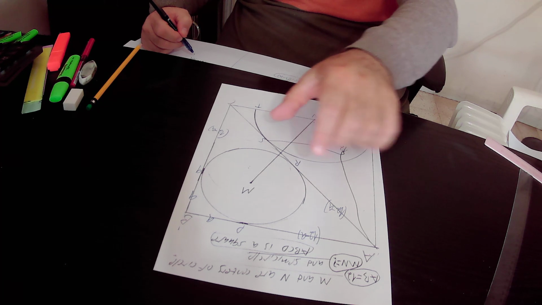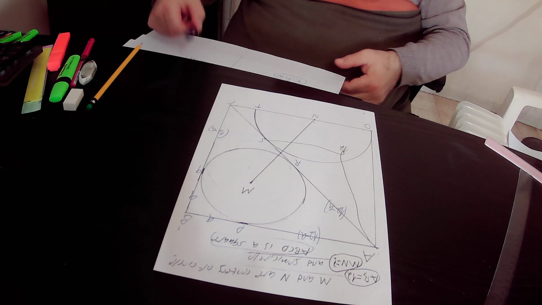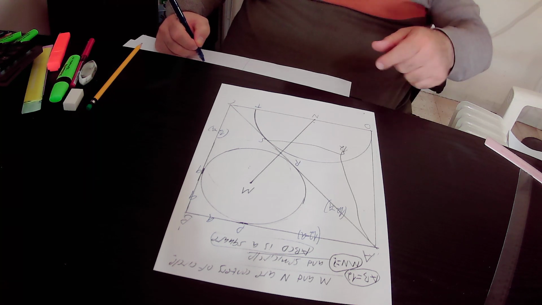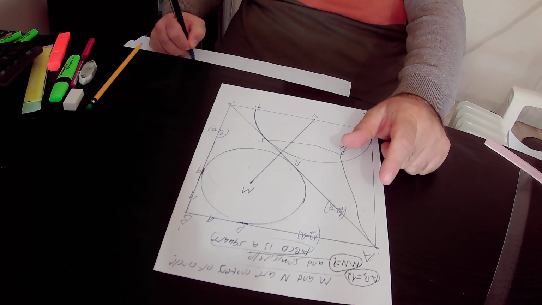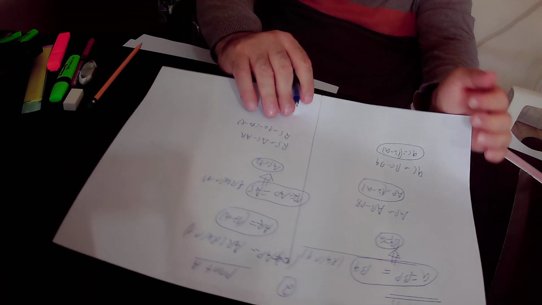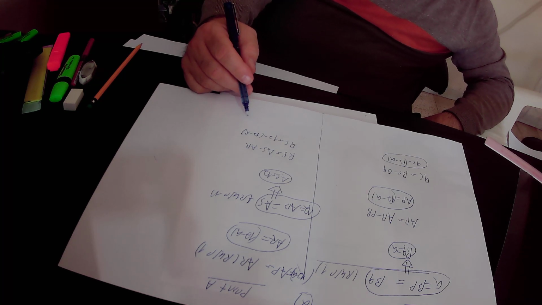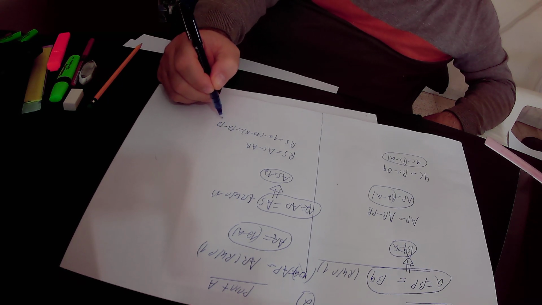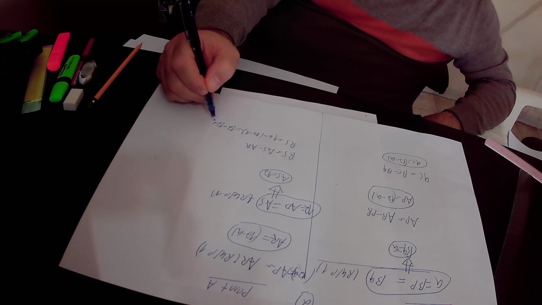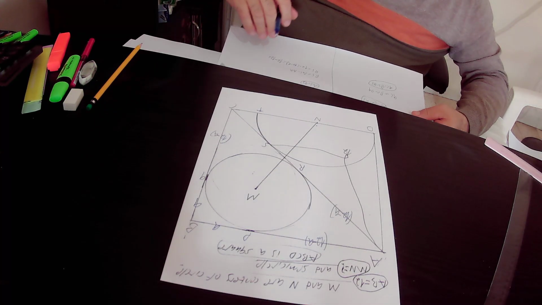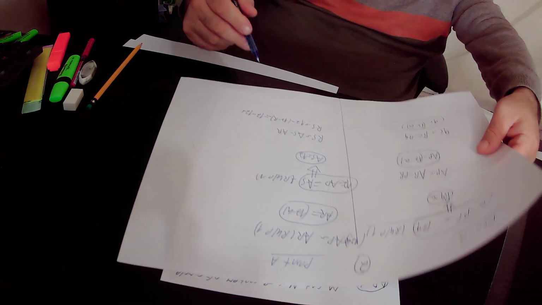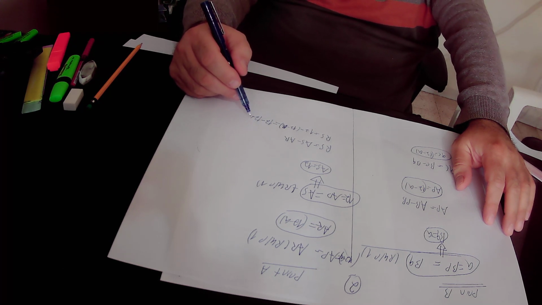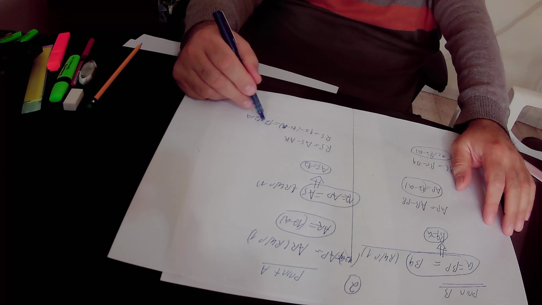So RS is equal to AS, that is 12 units, minus AR, that is 12 minus A. RS equals 12 minus (12 minus A). We open the brackets and get 12 minus 12 plus A. 12 minus 12 is 0.